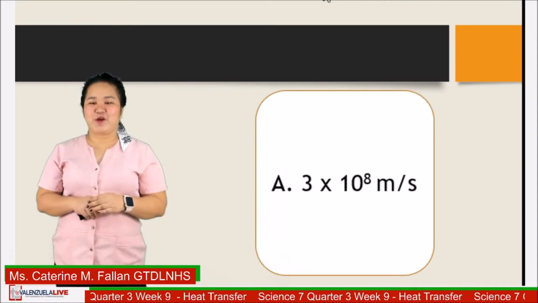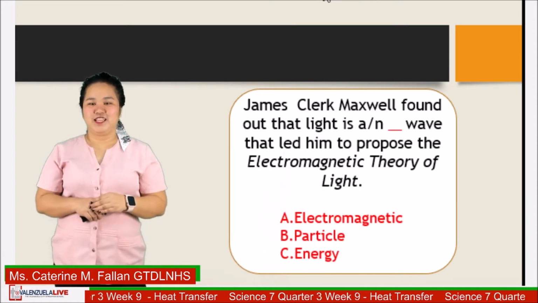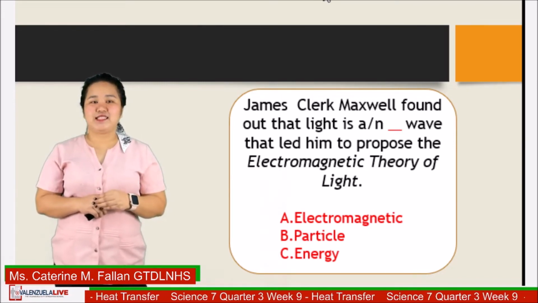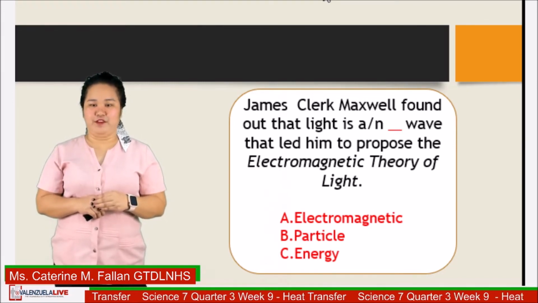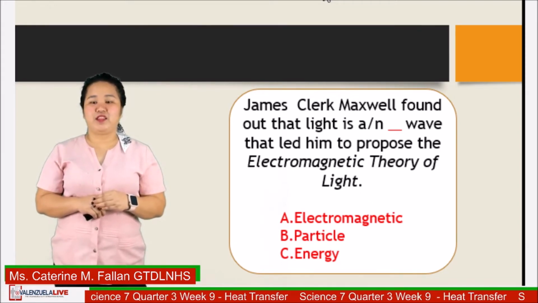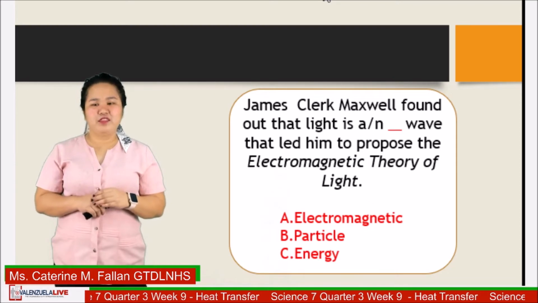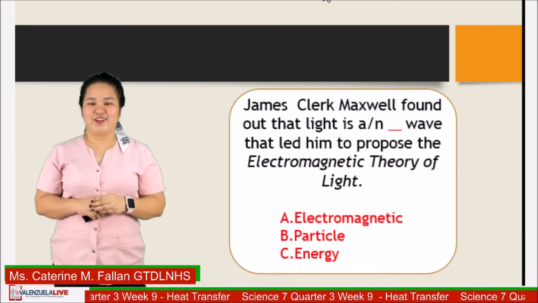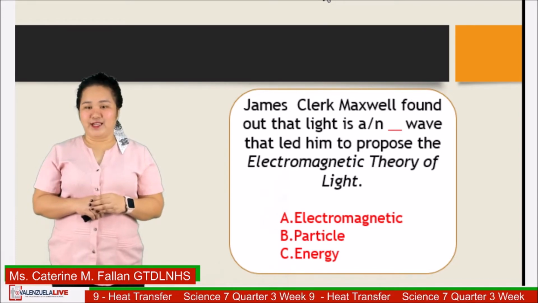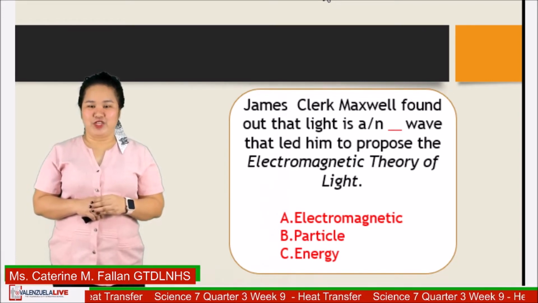And for our last question, James Clerk Maxwell found out that light is a blank wave. That led him to propose the electromagnetic theory of light. So what do you think is the correct answer? A, electromagnetic, B, particle, C, energy.